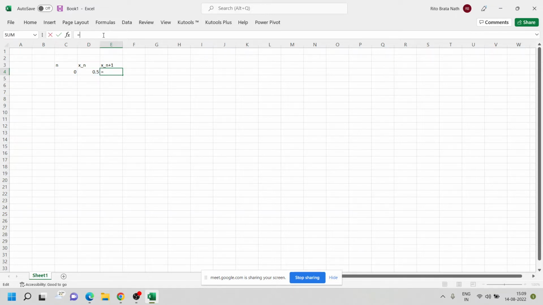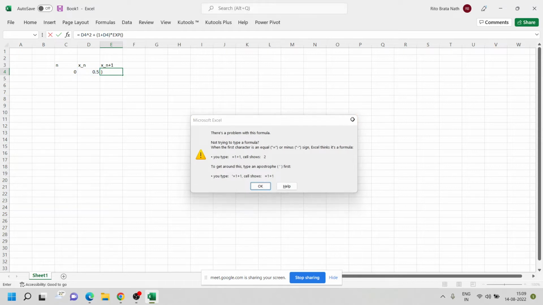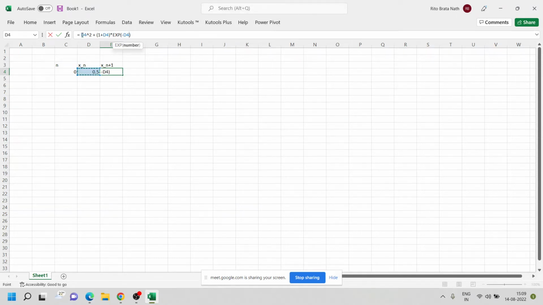Now you can write the formula that I have derived: this square plus 1 plus again xn, times exponential of minus xn, and this whole has to be divided by 2 times xn plus exponential of minus this xn. So this will give you the second value.